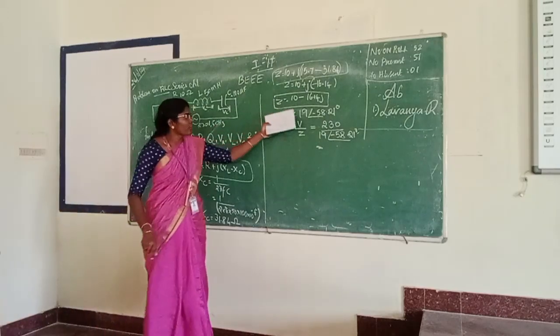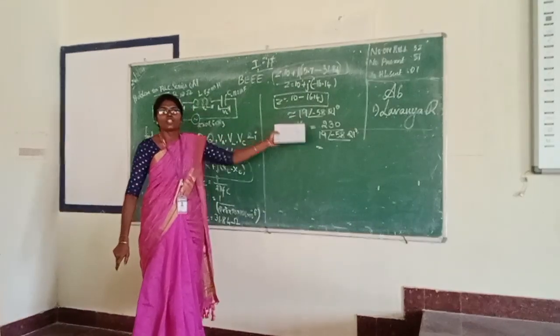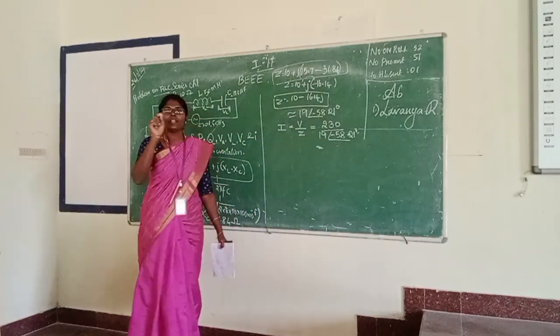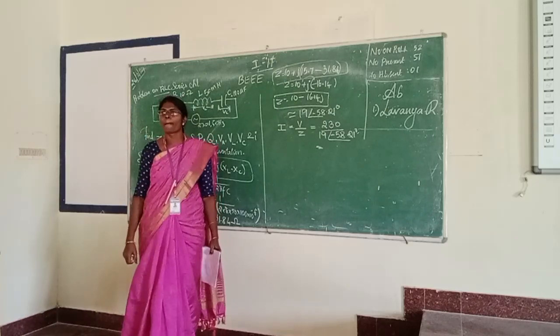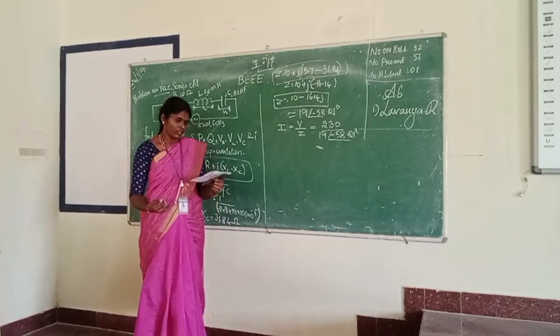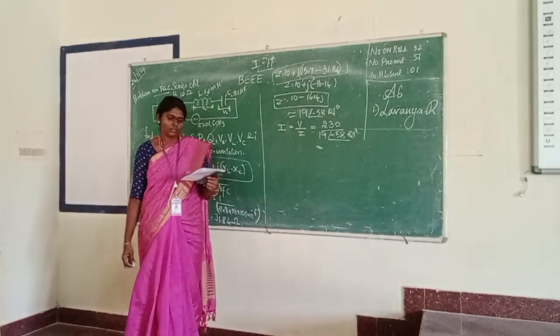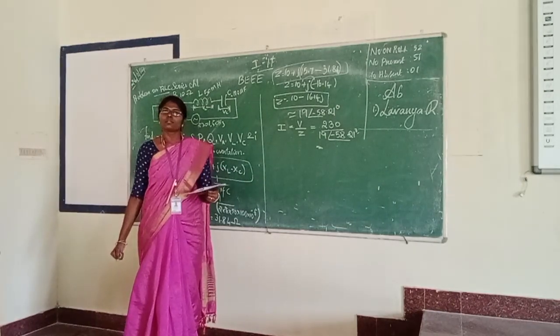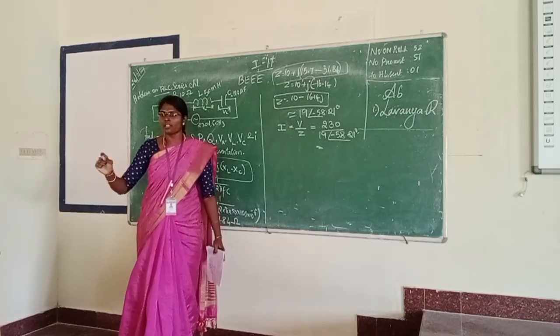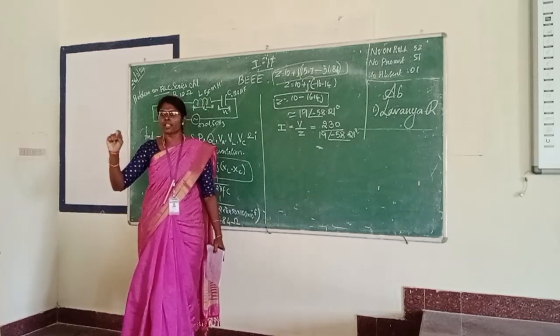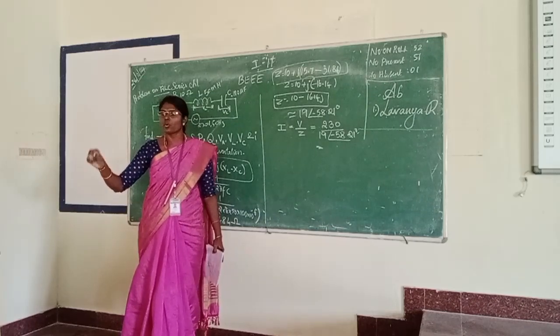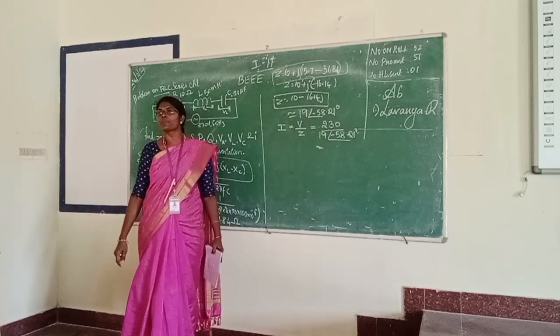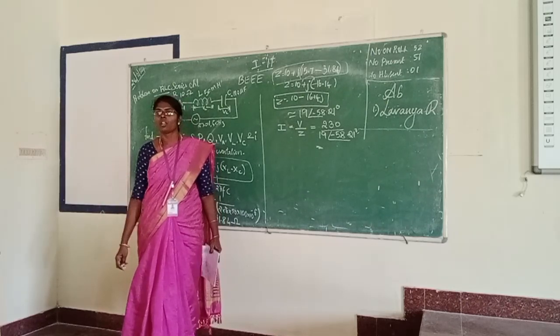Just put 230 divided by the answer. 6.37. Okay, 6.377, right? We will take it as 6.38. And one more time we will press shift equal.